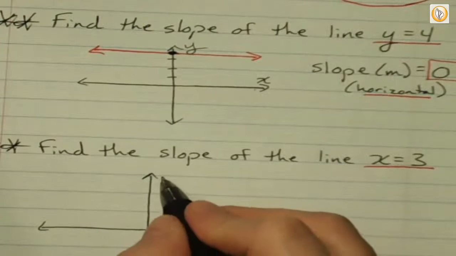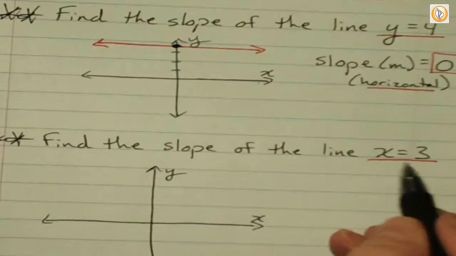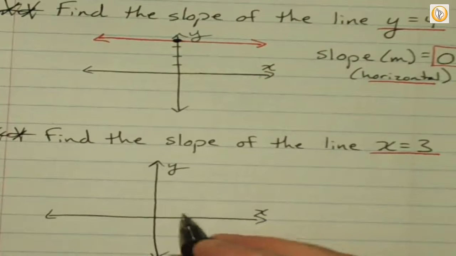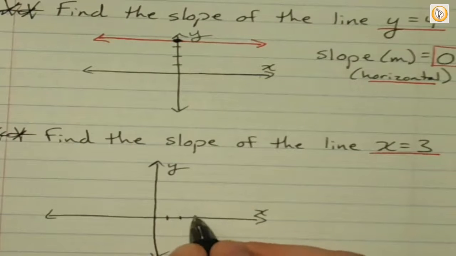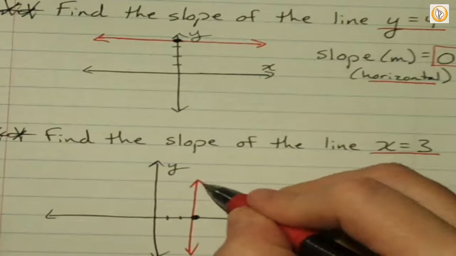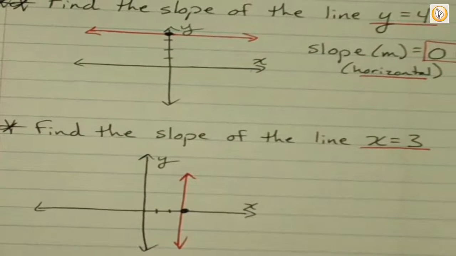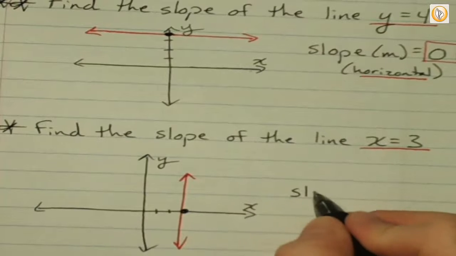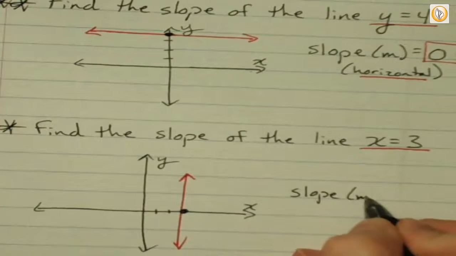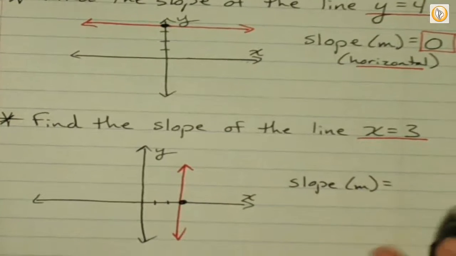Here's my x-axis, my y-axis. Now this time it's going to be vertical. That means the graph is going to be crossing the x-axis at 3. 1, 2, 3. And it's going to be vertical. Your slope for this is undefined.